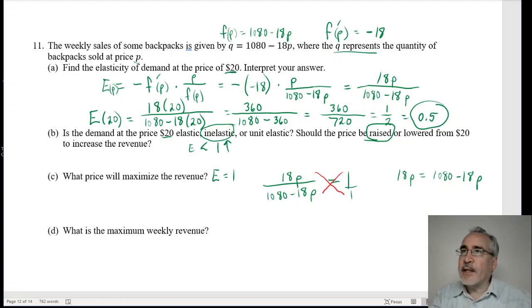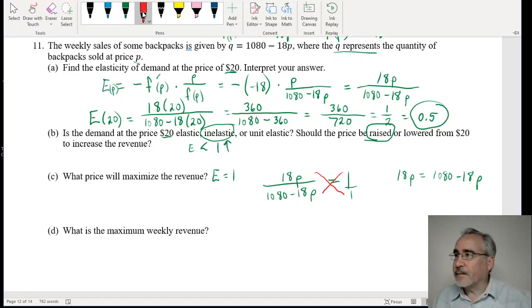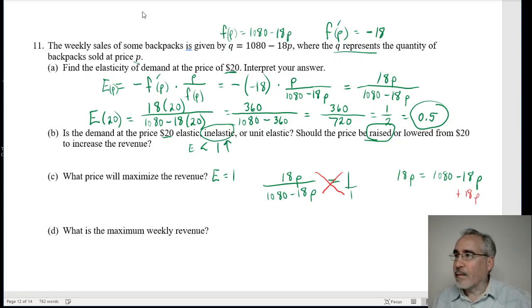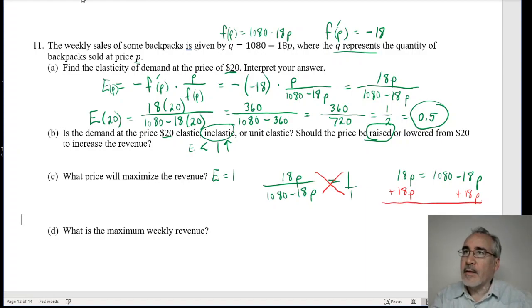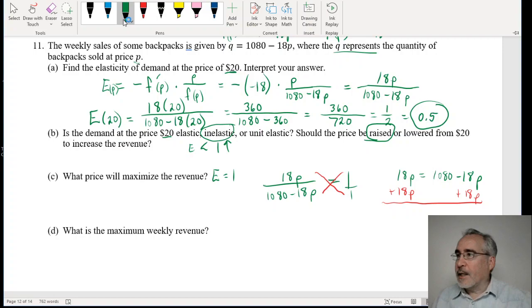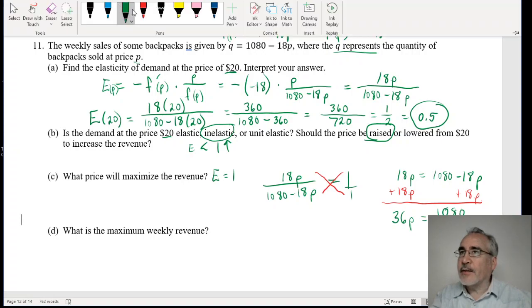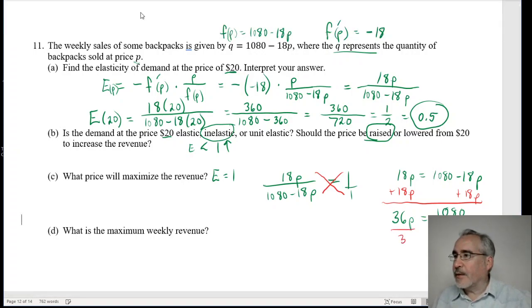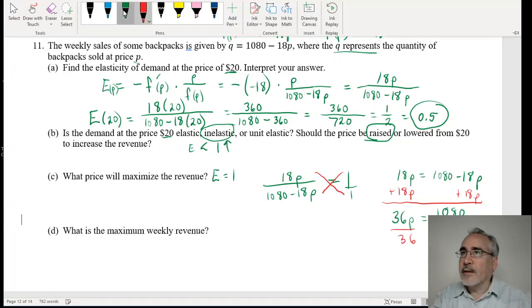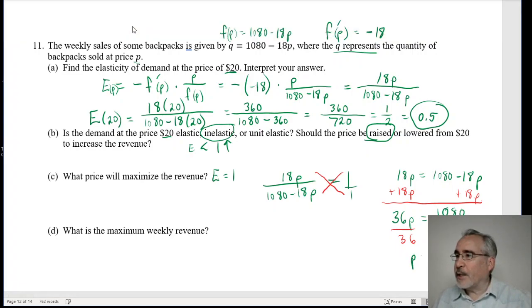So we add 18p to both sides. That gives us 36p equals 1080. And then divide both sides by 36. So we get our final answer here that P is going to be 1080 divided by 36.